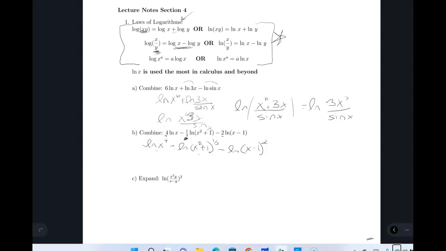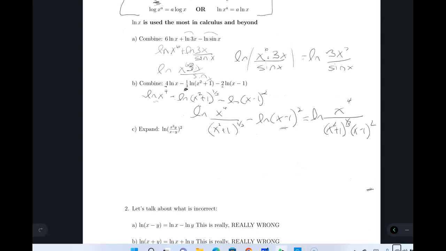So these two are subtracted, so let's put those together. So I have ln of x to the 4th over x squared plus 1 to the 1/3 power, and then I still have this one. Okay, so these two are subtracted, so I'm going to put this in the denominator as well. X to the 4th over x squared plus 1 to the 1/3, x minus 1 squared.